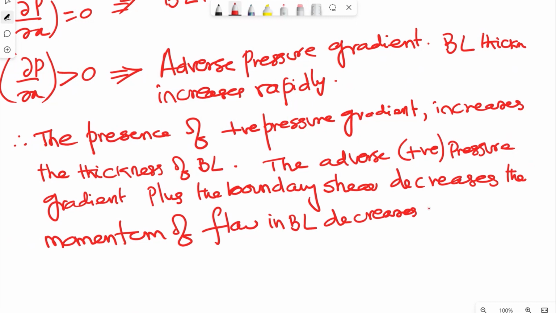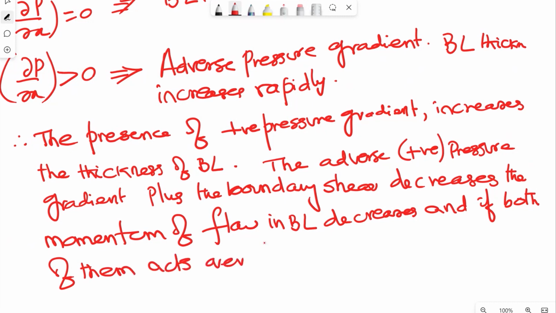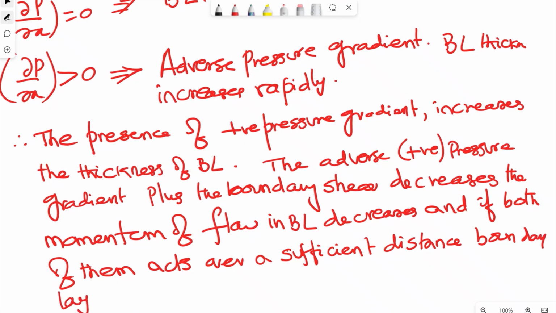And if both of them act over a sufficient distance, boundary layer separation occurs. This is the reason.